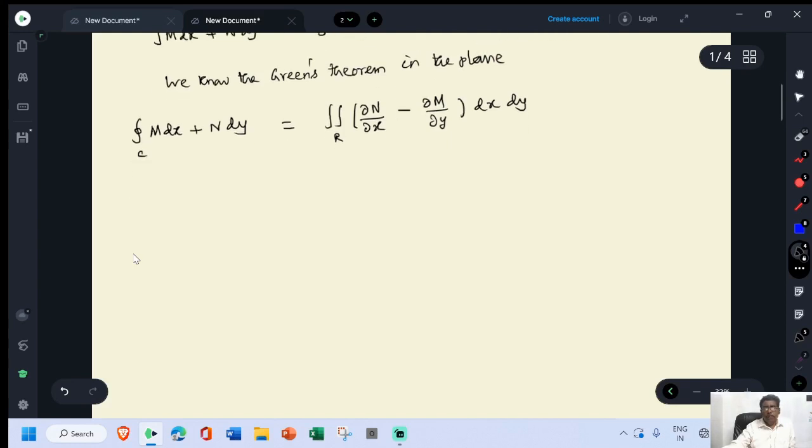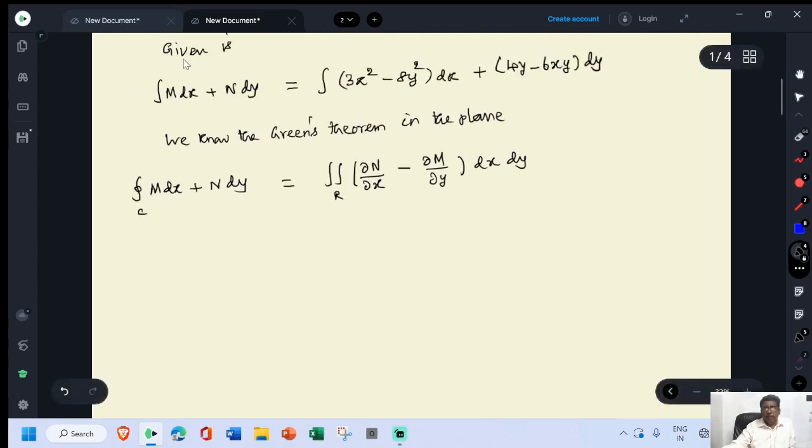Now from this equation, the value of M is this much.